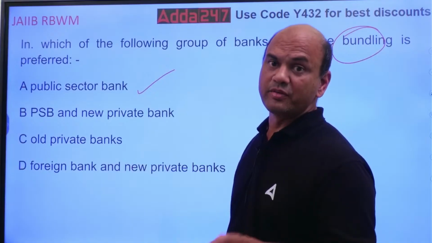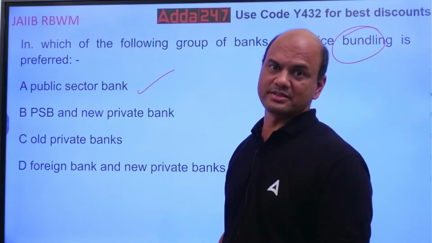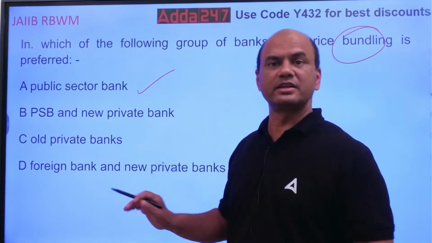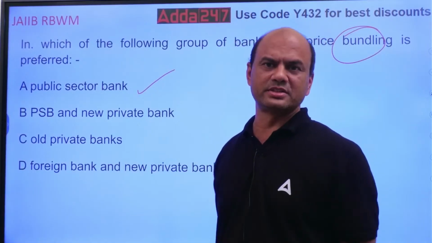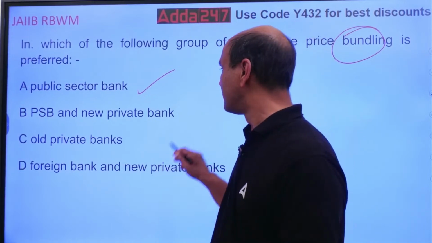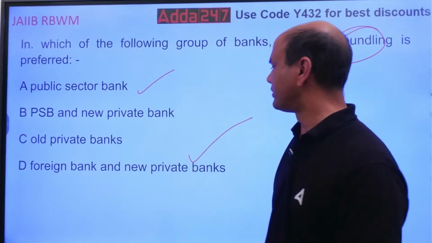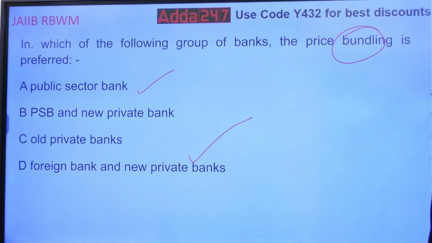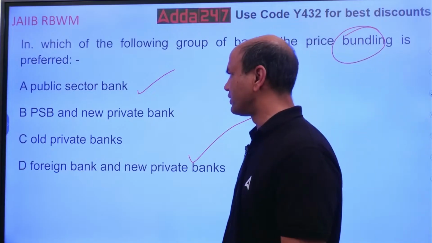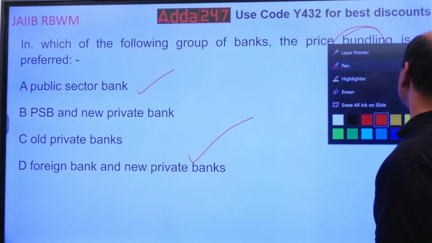But if it is not given like this, if the answer is all of these, it is definitely all of these. If it is not given, then price bundling is done mainly in foreign banks and new private banks. They do a lot of this.